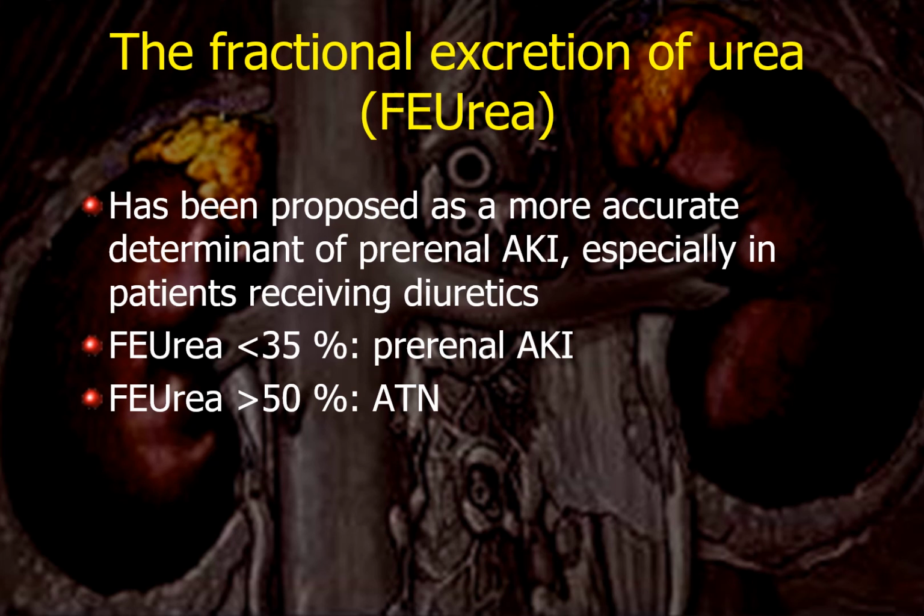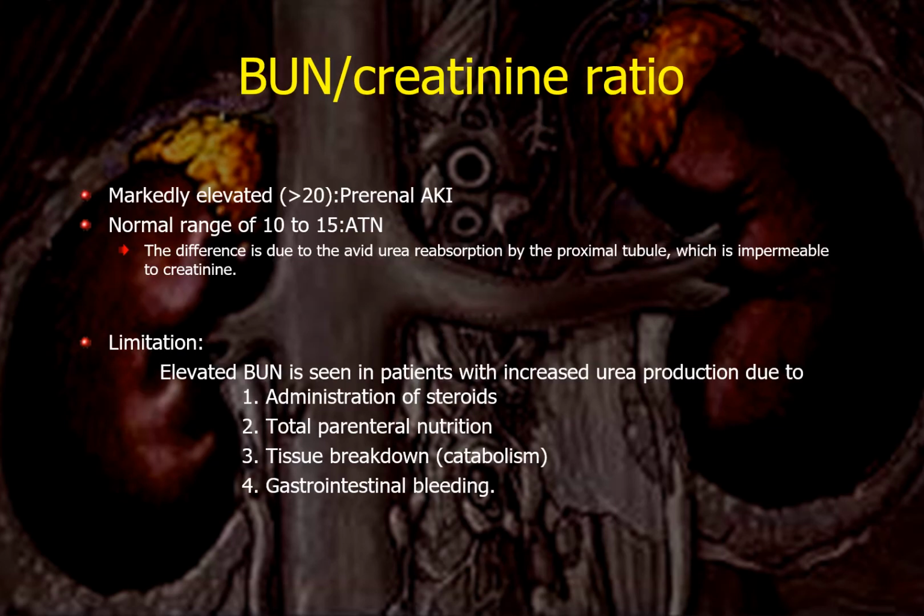This has been proposed as a more accurate determinant of prerenal AKI, especially in patients receiving diuretics. Patients with prerenal AKI generally have fractional excretion of urea below 35%, while patients with ATN will have fractional excretion of urea more than 50%.